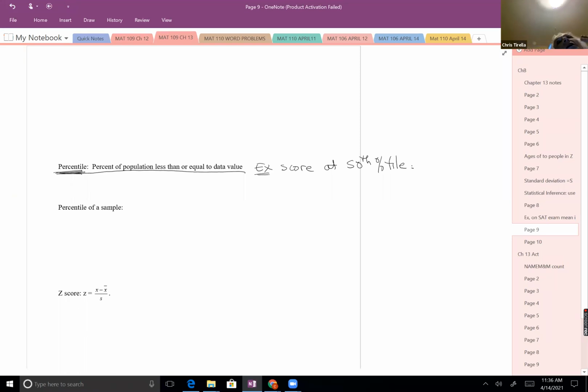And so that idea, have any of you ever received information in terms of not an actual raw score, but a percentile? Usually if we look at the SAT exam, a lot of times you're given the raw score, but you're also given the percentile. So on the SAT exam, if you scored a 500, you're at the 50th percentile.